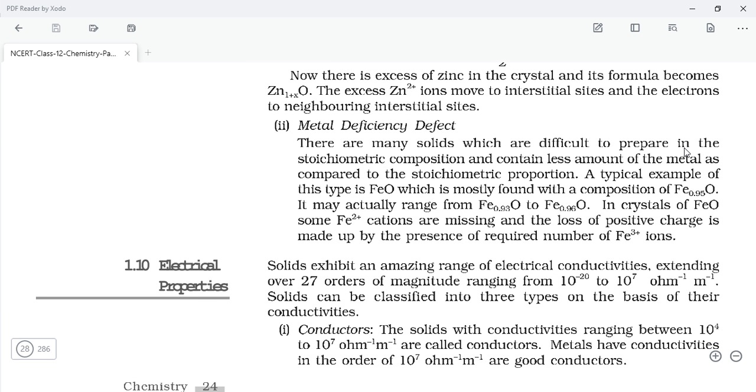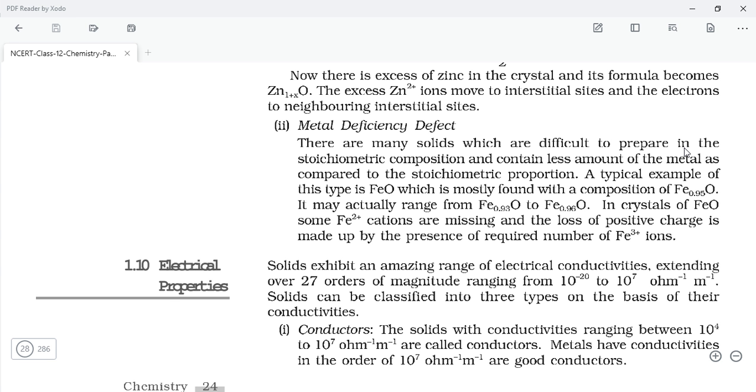Metal deficiency defect. There are many solids which are difficult to prepare in the stoichiometric composition and contain less amount of the metal as compared to the stoichiometric proportion. A typical example of this type is FeO, which is mostly found with the composition of Fe0.95O.